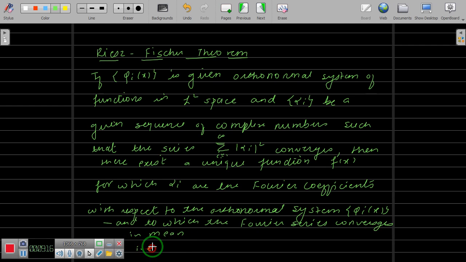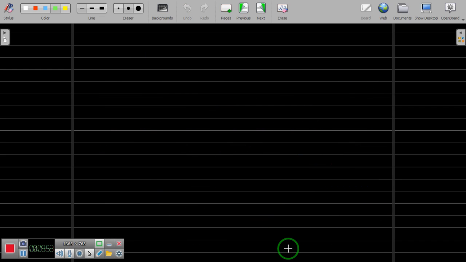That is, norm of f x minus summation i from 1 to n alpha i phi i of x. This norm will tend to 0 as n tends to infinity. As n goes to infinity, this will be an infinite series, so it will converge in mean. So this Riesz-Fischer theorem you already came across in your functional analysis. So let us prove one statement, and then the next results I will leave as exercise.